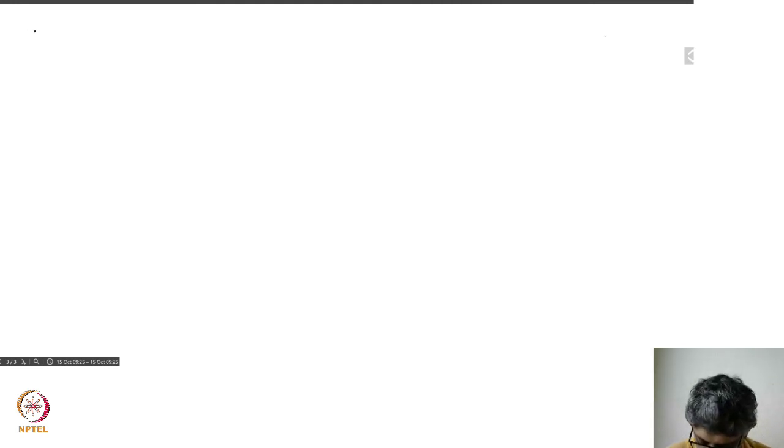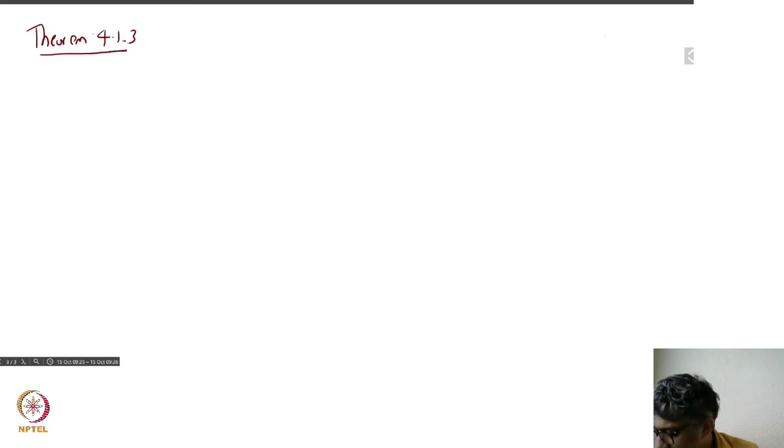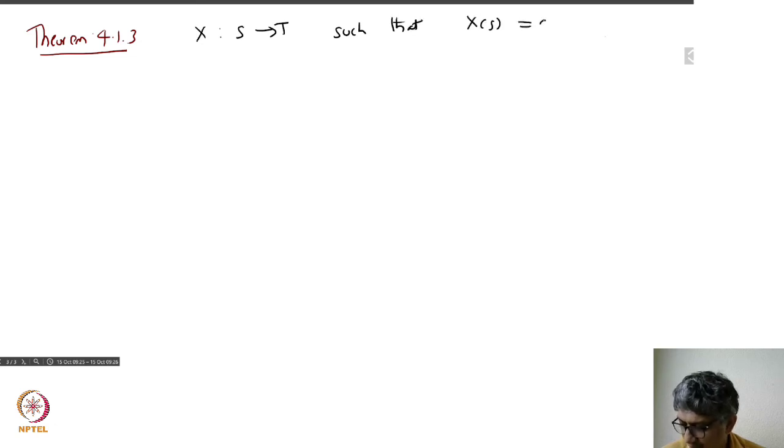So here's the theorem, I called it 4.1.3. The idea is the following. So let X be a random variable, S to T, such that X of s is always equal to a constant c for some c, for all s in S.